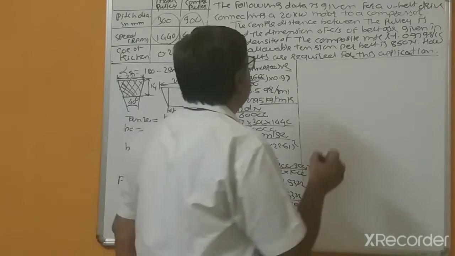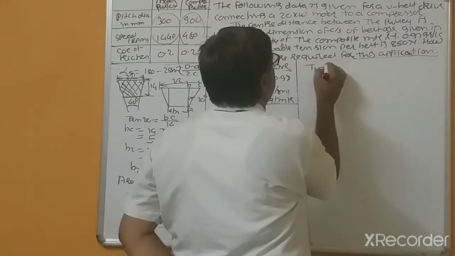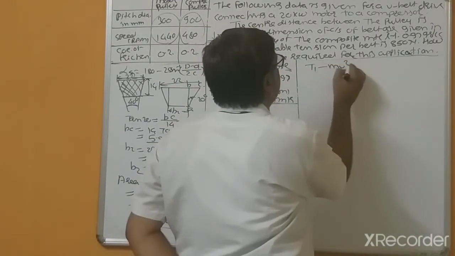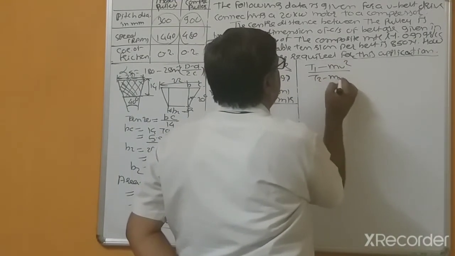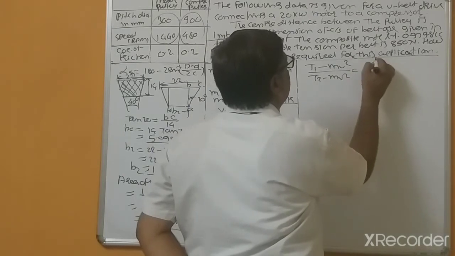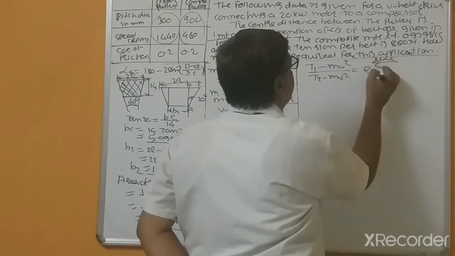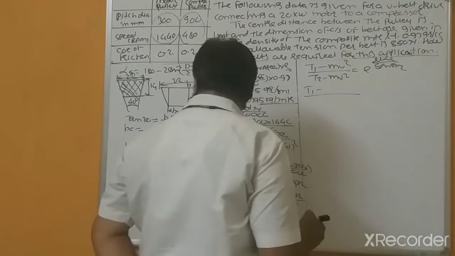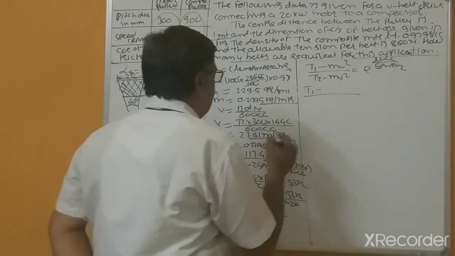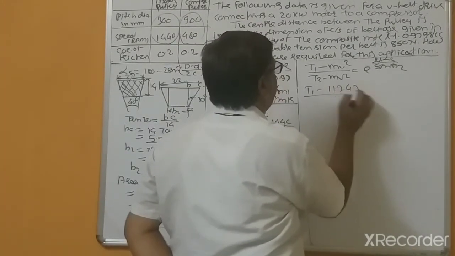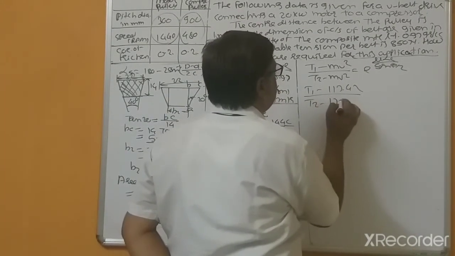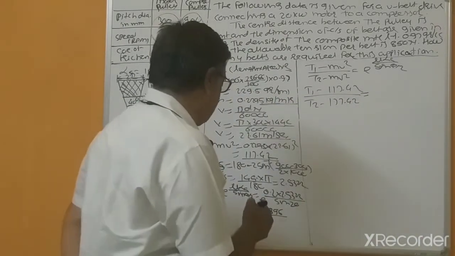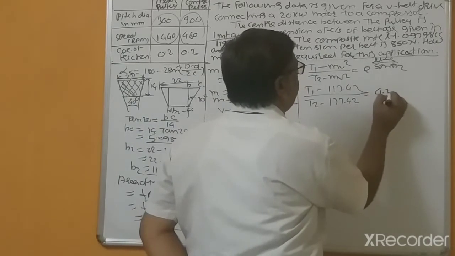So this ratio equal to, now by using the formula considering the centrifugal force, (T1 minus mv square) divided by (T2 minus mv square) equal to e to the power mu alpha divided by sine theta by 2. We already calculated mv square 117.42, and the right hand side term equal to 4.396.